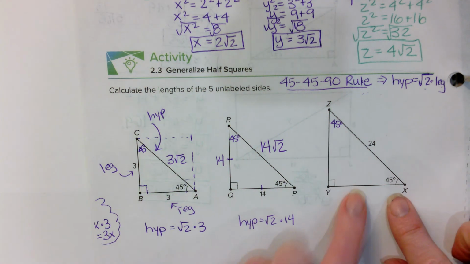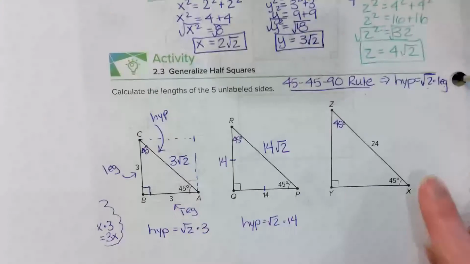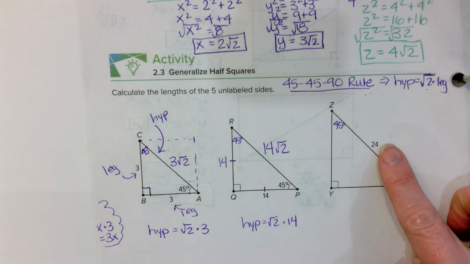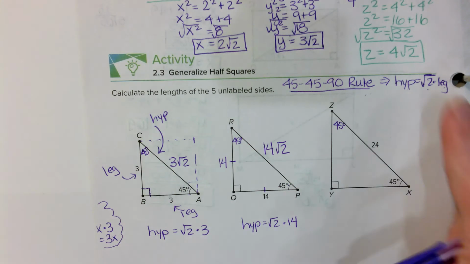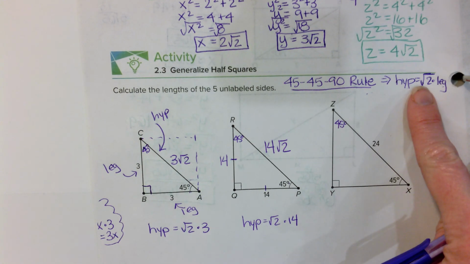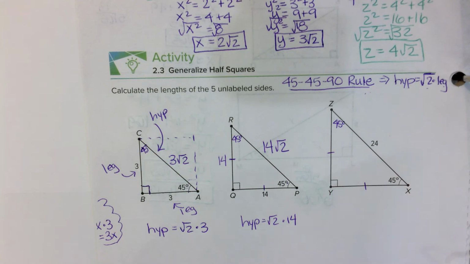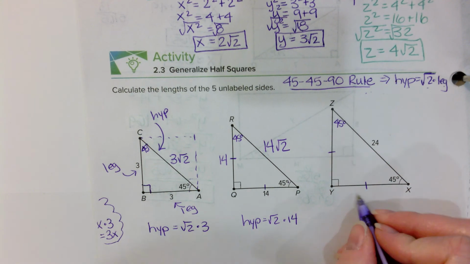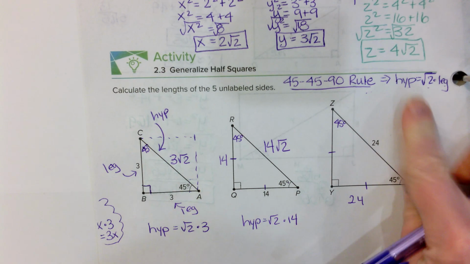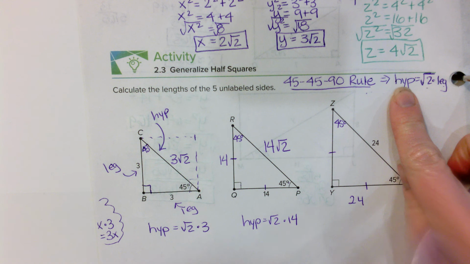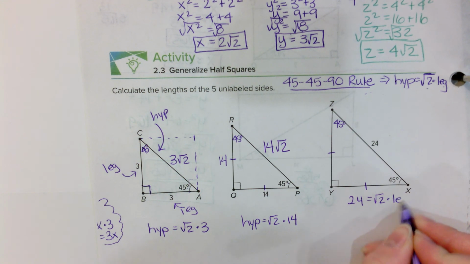Now, it's a little trickier when I'm not told the lengths of my sides. So in this case, I'm told that my hypotenuse is 24. So let's put it into my equation and see if I can find the value of my leg. I do know that they are equal to each other, but I don't know what they are. So I'm going to put my 24 in for my hypotenuse equals square root of 2 times a leg.